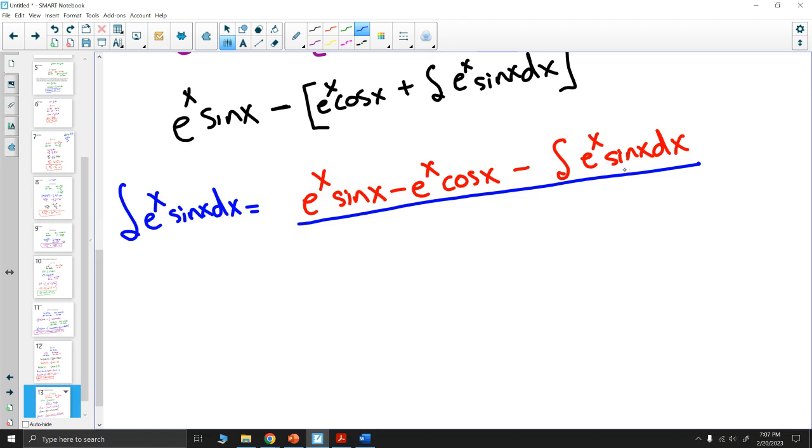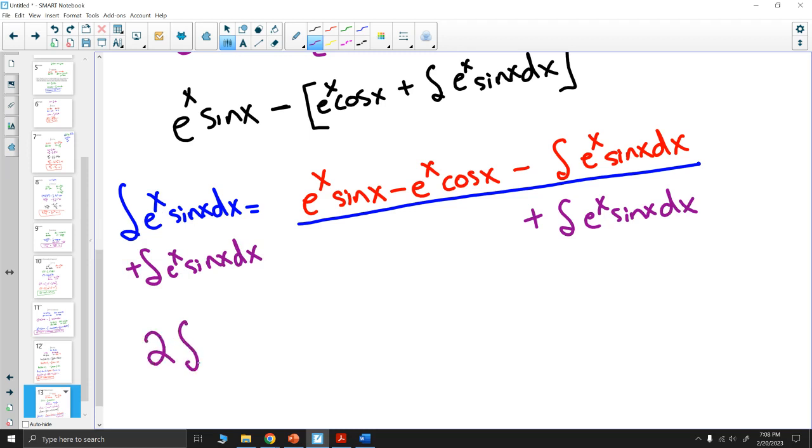Now, we've come back around, but that's not necessarily a bad thing for us, because what if we did a little bit of algebra? What if we added the integral of e to the x sine x dx to both sides? Well, these are like terms, so we can combine them as 2 times the integral of e to the x sine x dx is equal to e to the x sine x minus e to the x cosine x.